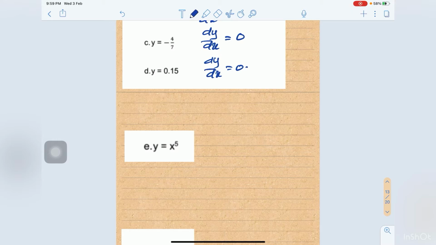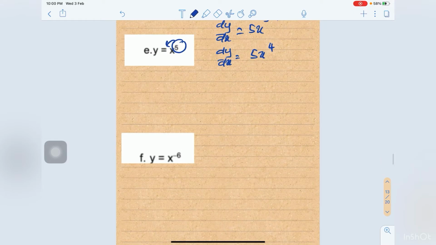We have y in terms of x, then we differentiate to get dy/dx. We move the power in front, so it becomes 5x to the power of, the power reduces by 1. Simplifying, we get dy/dx equals 5x^4.